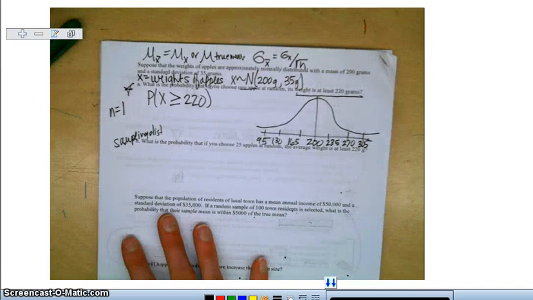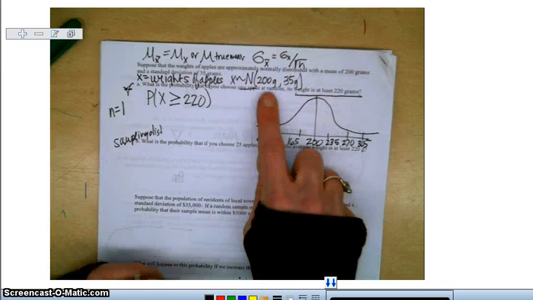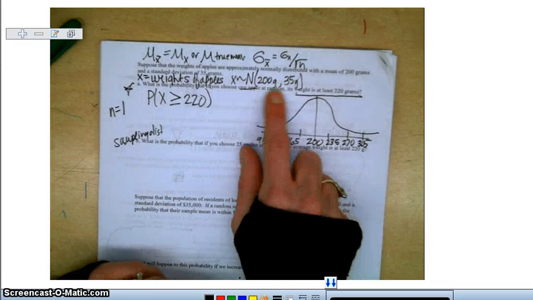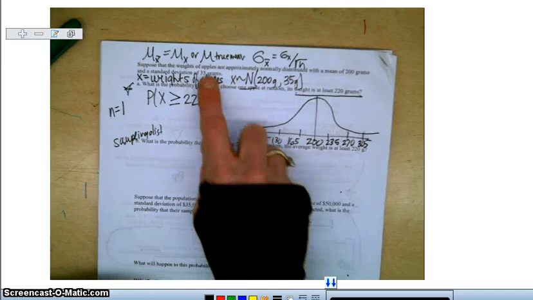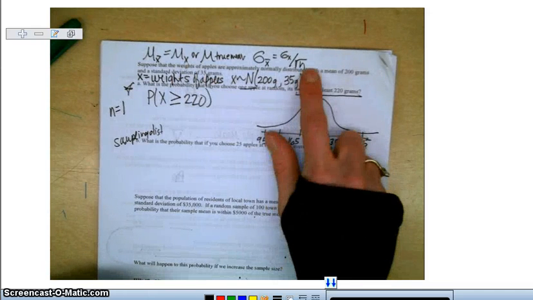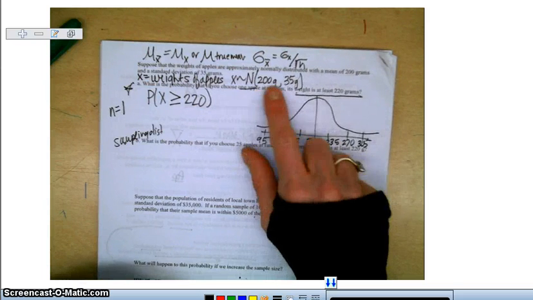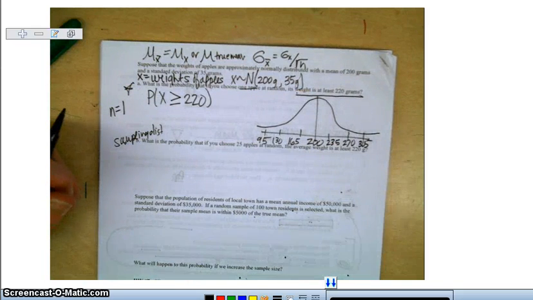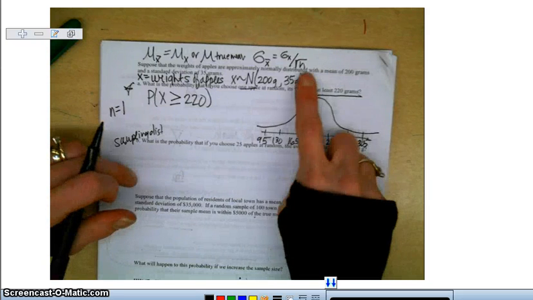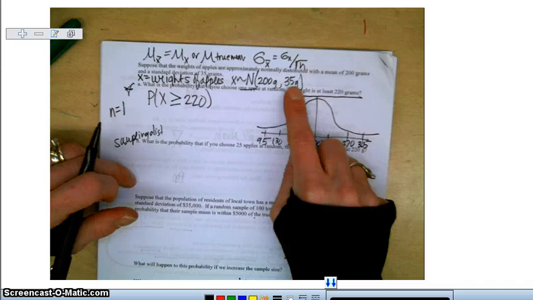If we're only picking one apple, does the standard deviation or mean change based on our formulas here? No, because you'd be dividing by the square root of 1. What's the square root of 1? 1. So in this case, we don't need to adjust our original information because we're only taking a sample of size 1. It's when the sample size gets bigger that your standard deviation will change.